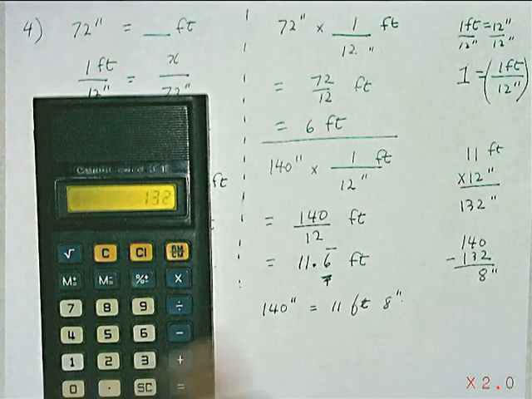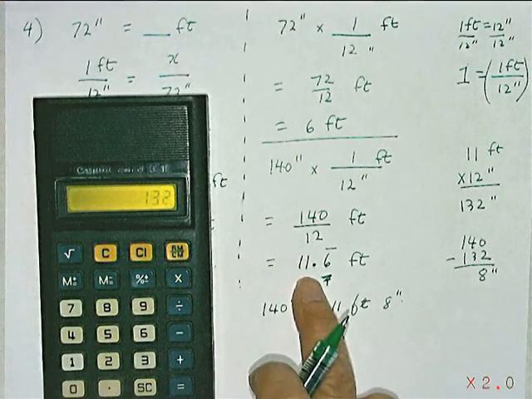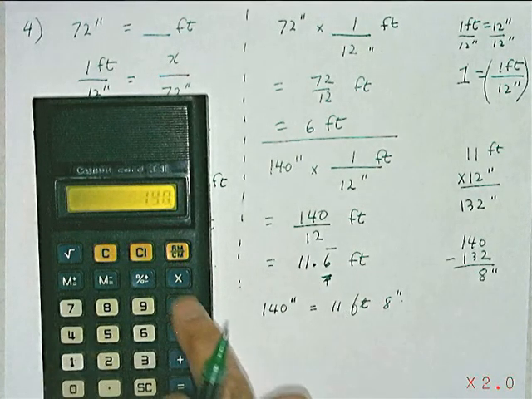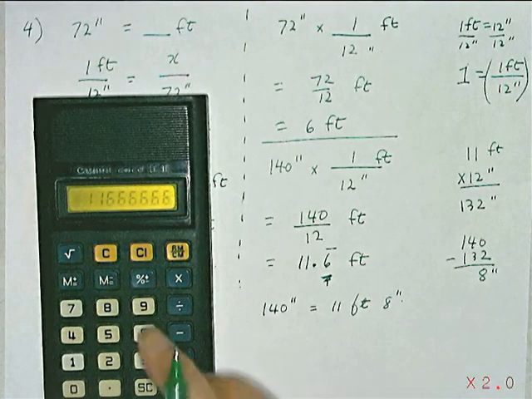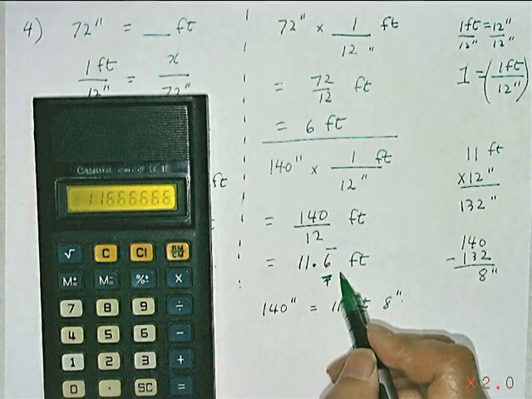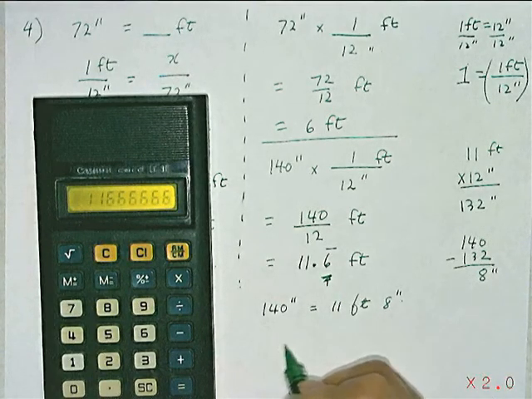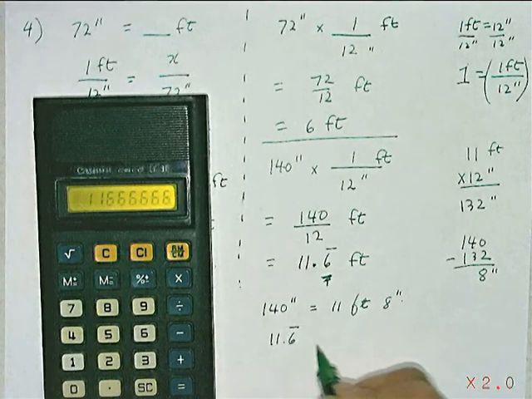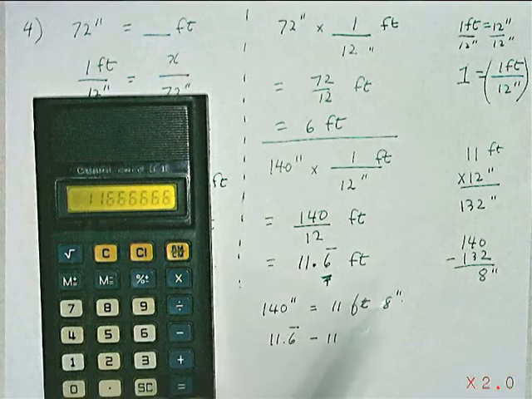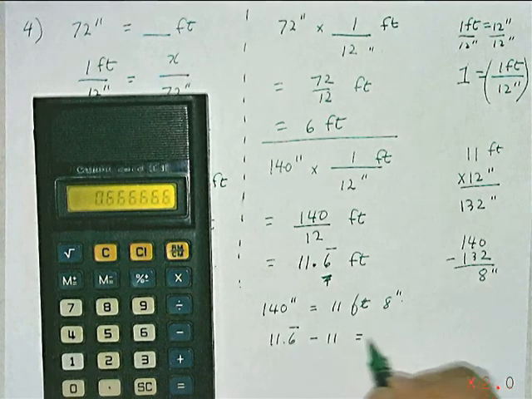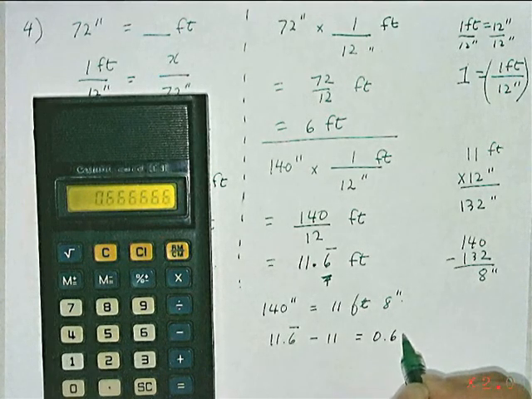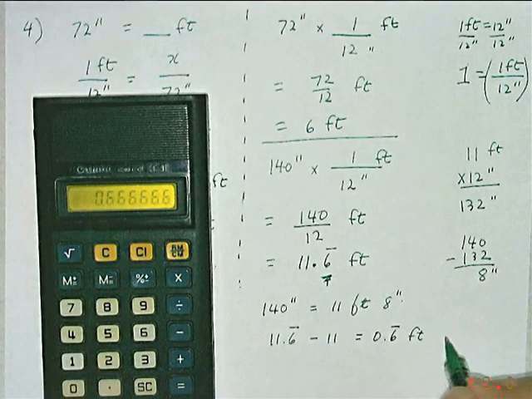Since I have this number on a calculator, I'll show you a different way. I'm going to just get my number back. It equals 11.66, which I had before, and what I'm going to do is take 11.6 repeating and subtract the whole number part. The whole number part is 11, so I'm going to subtract 11, equals, that's the 0.66 part, 6 repeating feet, and then I'm going to convert the other way.